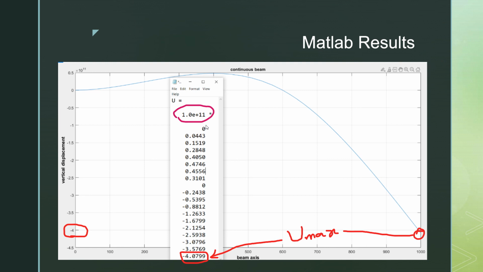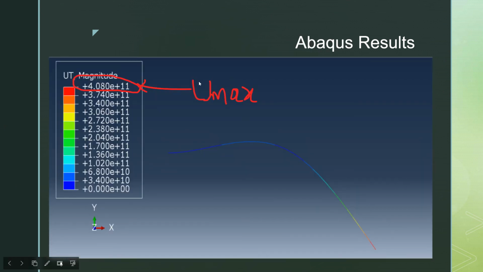U max we can see is 4.079 times 10 to the power 11, which is roughly 4.08. So we are getting the same results as we are seeing from the Abaqus results. Same value we are looking at.